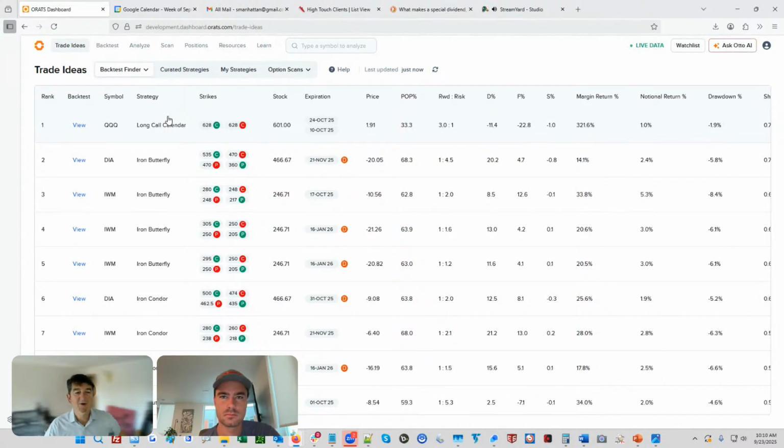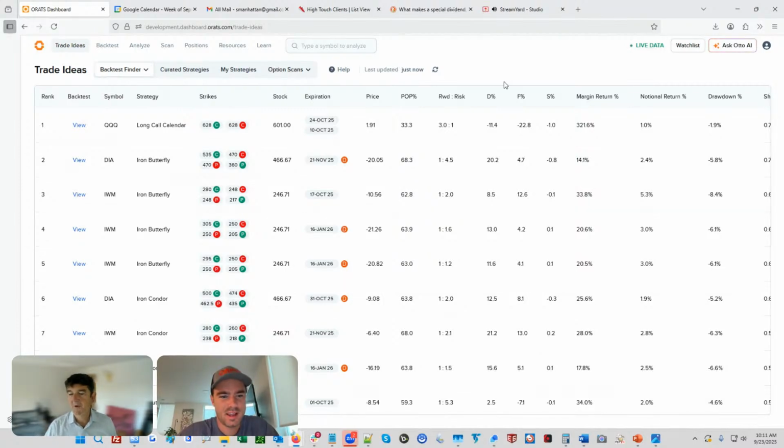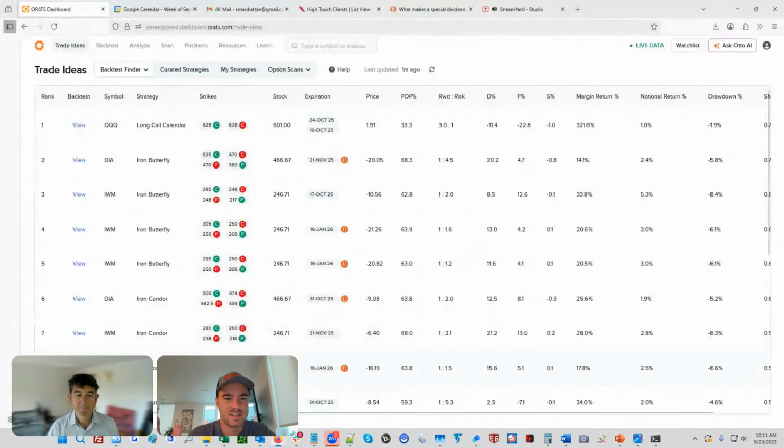It just comes in. I know that you worked a lot on automating that, putting it on the back end, making it run fast, so users can just come in now and see all these trades in there. Yeah, and the very unique thing about ORATS trade ideas versus other platforms is that you can see the backtest results in the backtest finder table.